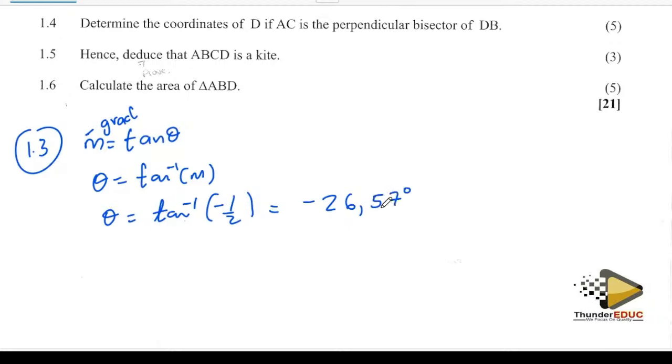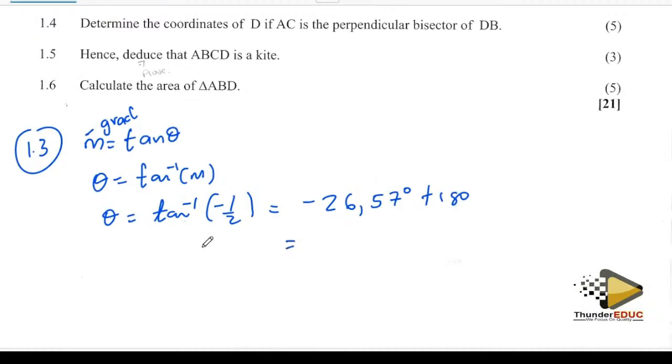But remember what we said, we are interested in having a positive angle. So what we normally do, if we have a negative angle, just add 180.